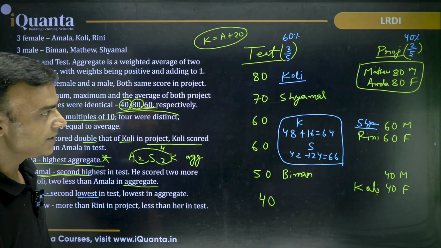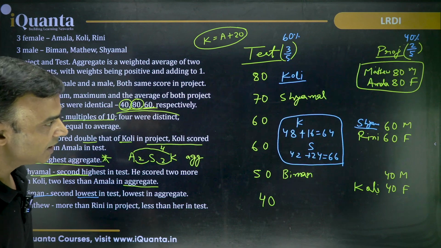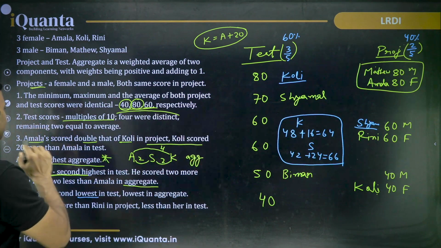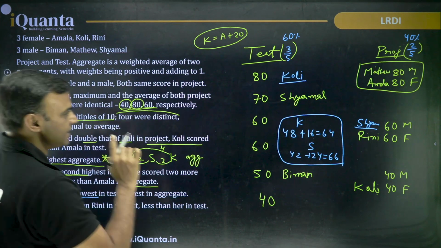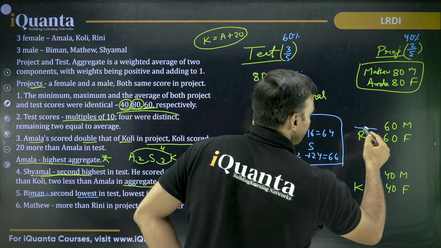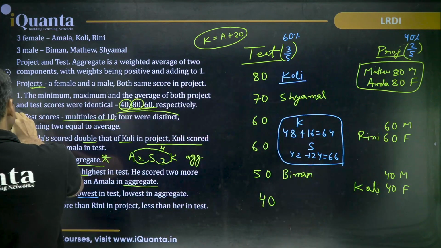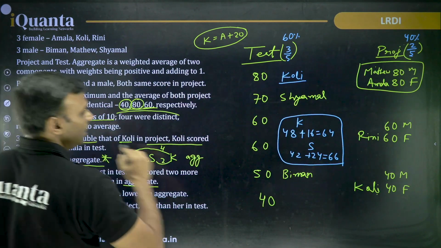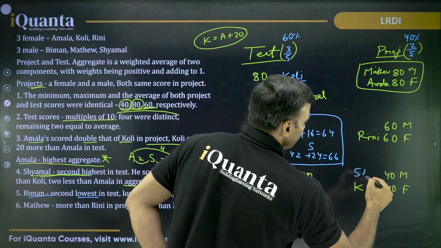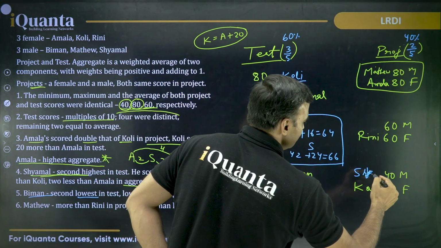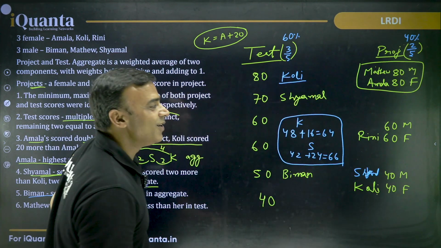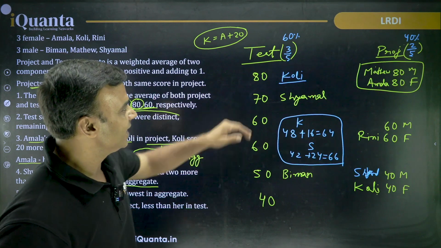Let's check the other cases. We will not have to do much effort because, just understand, if I remove Shamal from here and put Shamal here, then will this same situation hold? I think pretty clearly it won't hold. Check that carefully again.